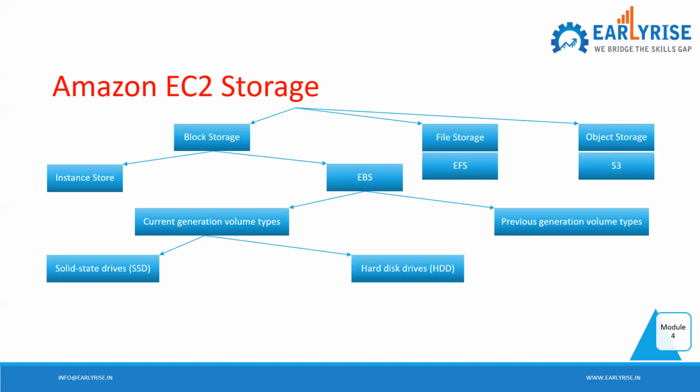Which one is faster? SSD. SSD is very crucial for any kind of workload which is transactional in nature, which requires higher IO, input output, too many transactions. So SSD will be very fast.